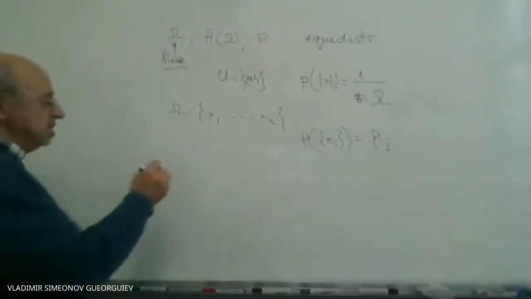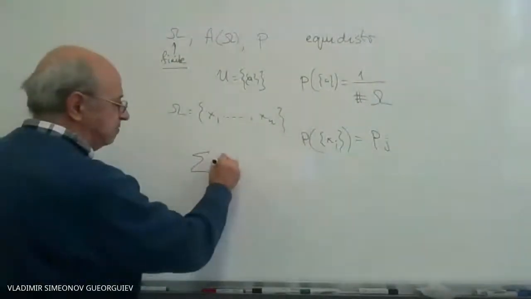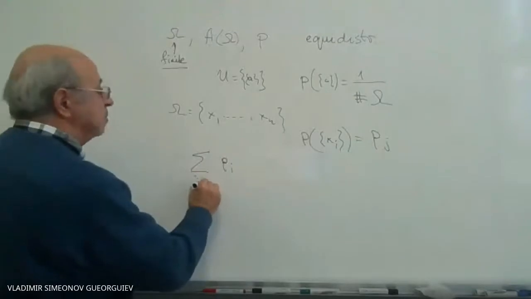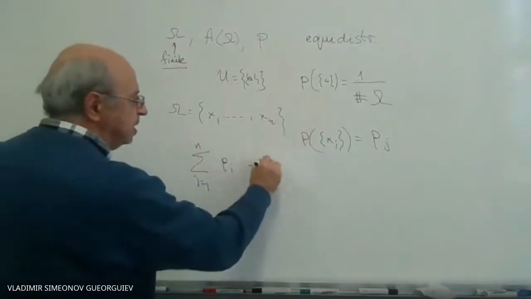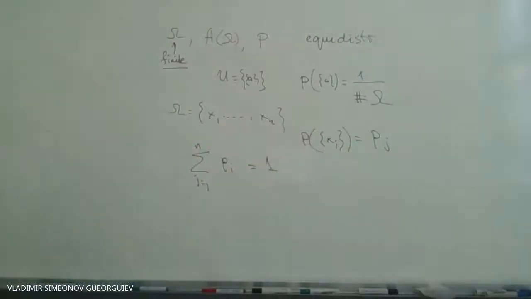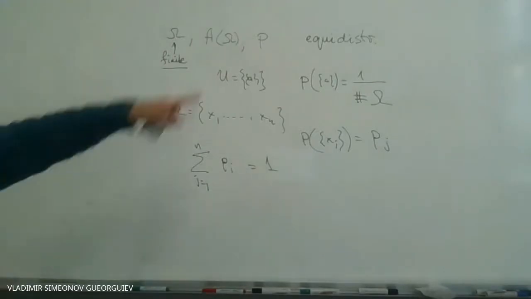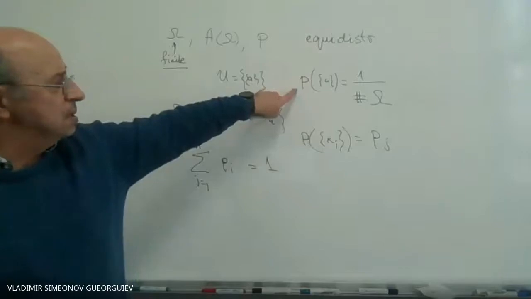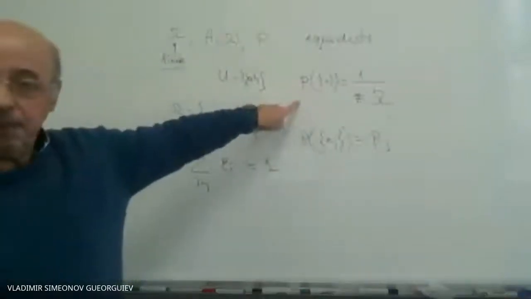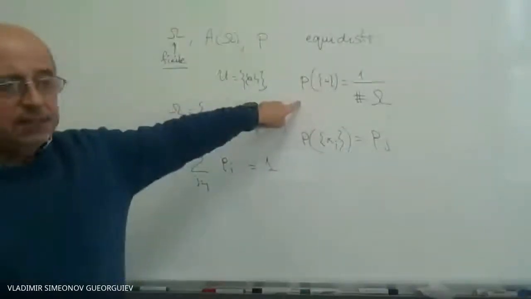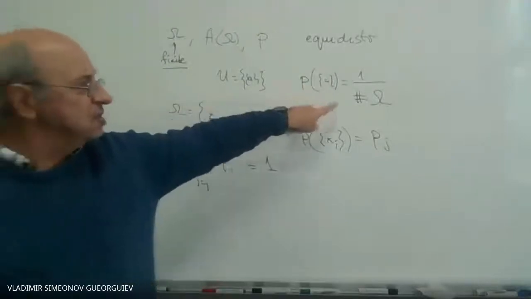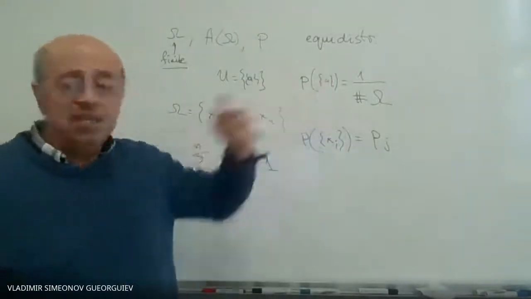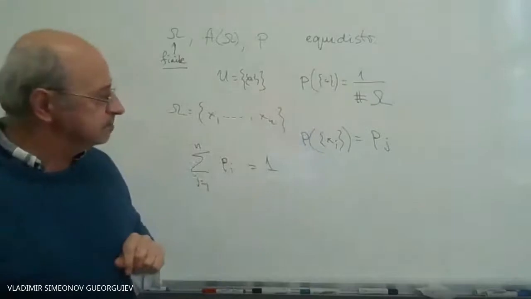We need the sum of pj, j from 1 to n, to be exactly 1. Therefore, an equidistributed probability space has, for one-element sets, a fixed probability that is independent of the choice of this element.